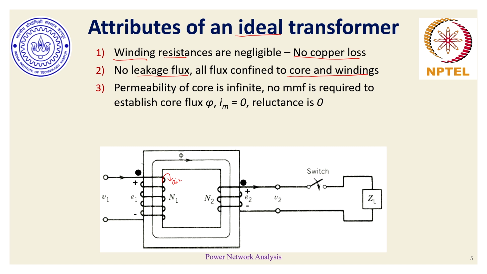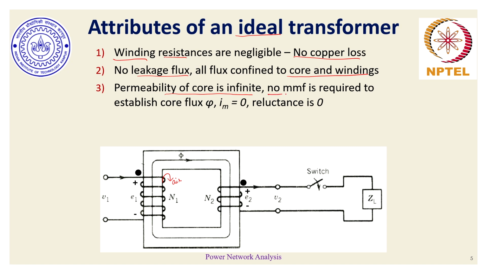The third and fourth attributes are in a way interrelated. The third attribute talks about the property of the core. The core here is a perfect magnetic medium, meaning the permeability is infinite. There is no external force required for this magnetic core to magnetize itself.